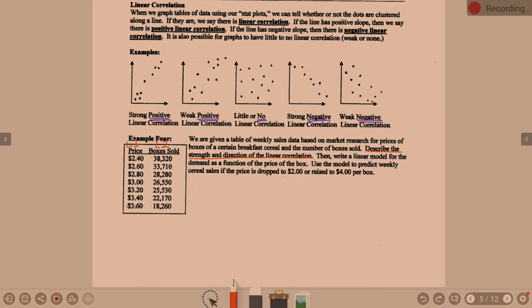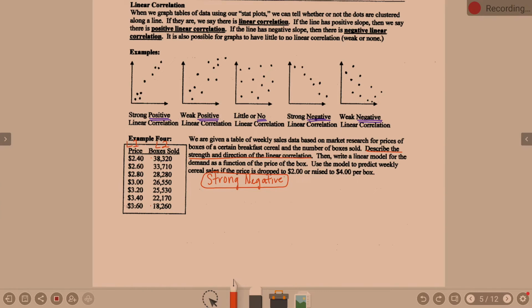So I would say this is a strong negative correlation. And honestly, I'm pretty flexible on the strong versus weak. The negative is what you have to get there, right? You got negative correlation, that's the key that I'm looking for on that piece. Okay? So that describes the strength and direction of the linear correlation.